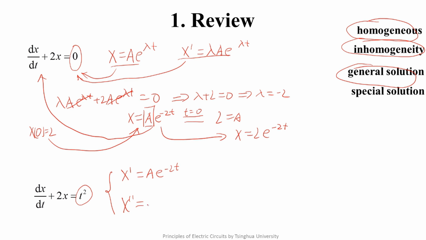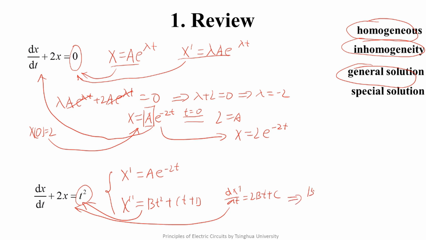It should be written based on the form of the terms on the right side of the equation, such as for t squared, we have to assume that x double prime equals bt squared plus ct plus d. So dx double prime over dt equals 2bt plus c. Substitute these two conditions into the equation. Through comparing the coefficients of t squared, t, and the constant term, we can get b, c, and d.